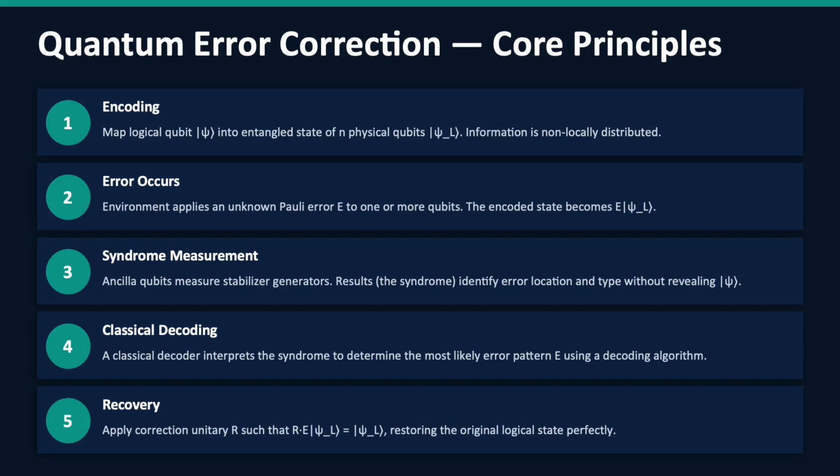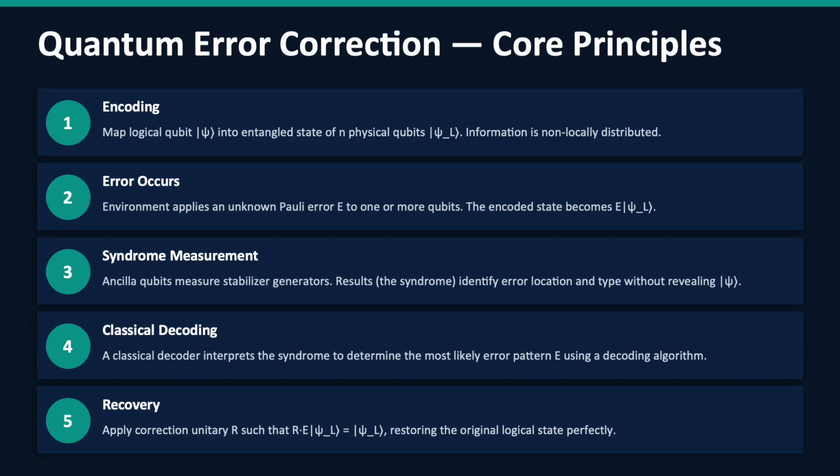The information is no longer localized in any one place. It is distributed across the whole group in a way that is invisible to any individual qubit but encoded in their collective relationships. Once encoded, errors will inevitably occur.